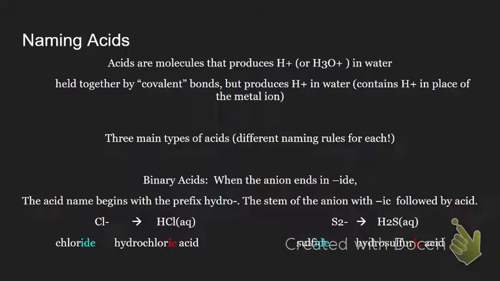If you have sulfur -2, sulfur is a -2 charge. When it reacts with hydrogen, it's going to make H2S. So the sulfide, we're going to drop the sulfide, we're going to put the prefix hydro, and then the suffix "ic" acid. So that would be hydrosulfuric acid.